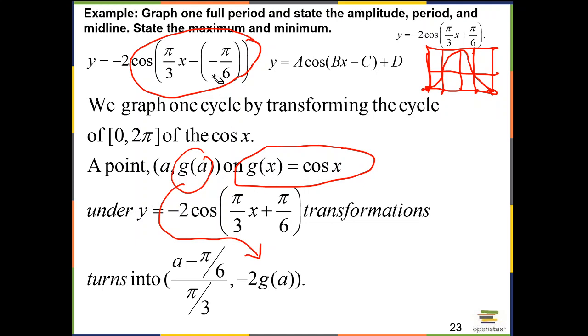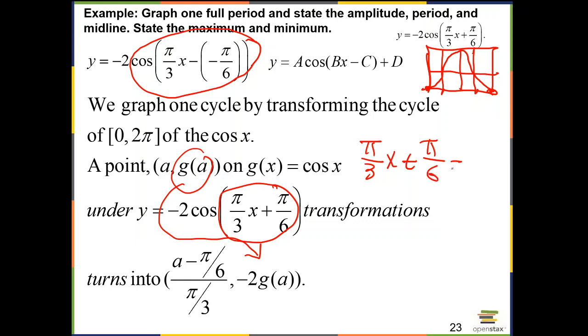Now, what happens to x? Well, to figure out what happens to x, we have to simplify inside the parentheses. If there are two minuses, we can just write plus. Take this thing inside and set it equal to the old x, which is that, and then solve for x.